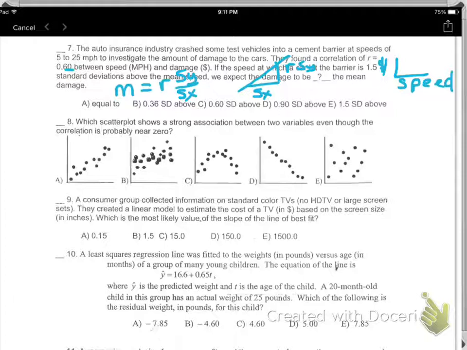Okay, so if x is going to be 1.5, then this is going to be r, was it 0.6, times 1.5? Okay, and that gives us 0.9. And do you see that because my x is above the mean, my 0.9 is going to be above? So the answer is D.